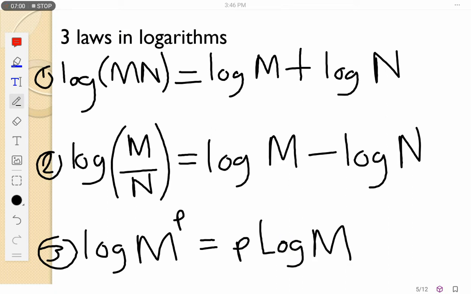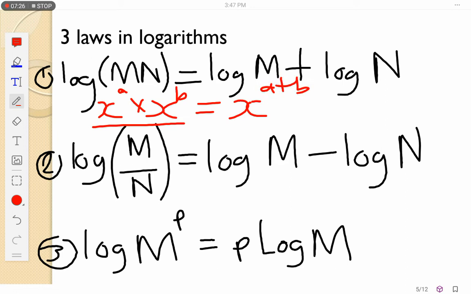Okay, so I was leaving a gap because I wanted to relate these logarithms with our laws of indices. Like the first one is the same as x to the power of a times x to the power of b. We said whenever we are multiplying numbers with the same base, we add their power, so it becomes x to the power of a plus b. That's where we are taking it from. Then the next one is x to the power of a divided by, because we have got log m over n, that's division, so divided by x to the power of b is the same as x to the power of a minus b.